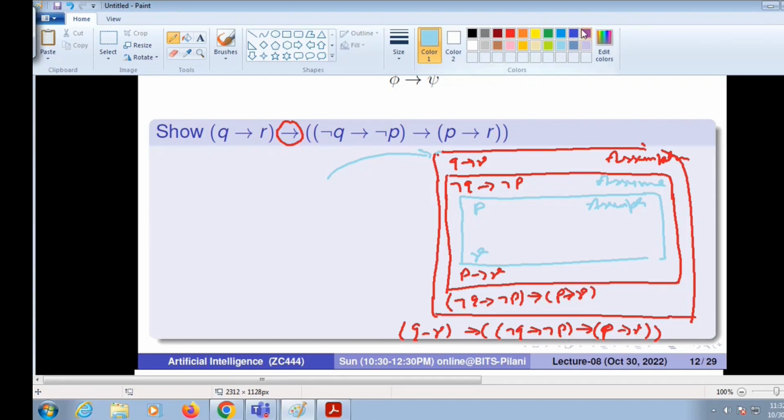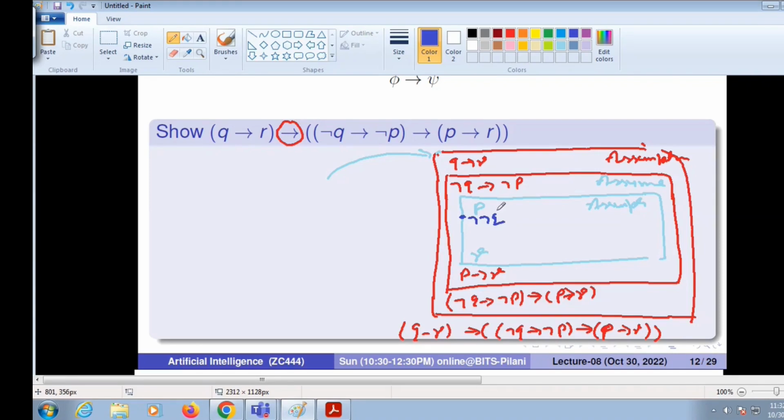So is there any way to connect these dots? At this particular place you have P or all these things available to you. If P is available and not P implies not Q is available, it means that not of Q is available to you.